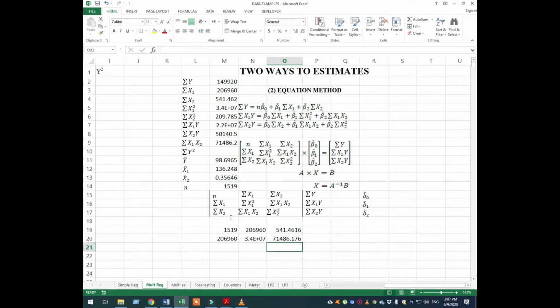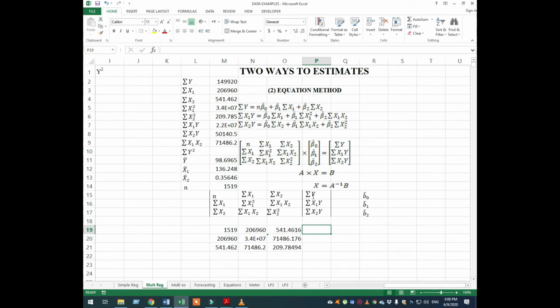And here we need summation of x2, summation of x2 is this, summation of x1 and x2 I'm taking from here, and finally summation of x2 square would be taken from here.